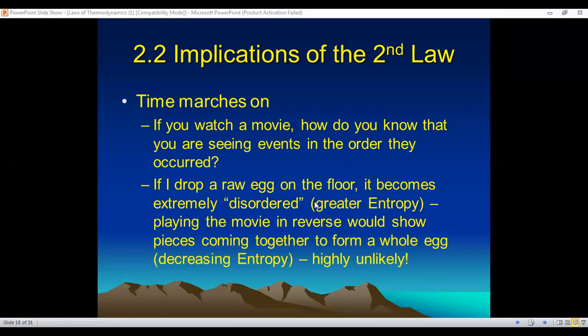When the egg is smashed on the floor, the entropy is higher, and in reverse, the pieces coming together from a whole egg decrease entropy. Likewise, when we boil the egg and cut it into pieces, this is an example of entropy being decreased.